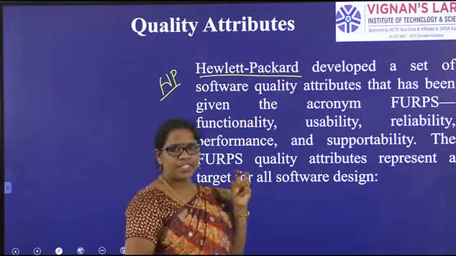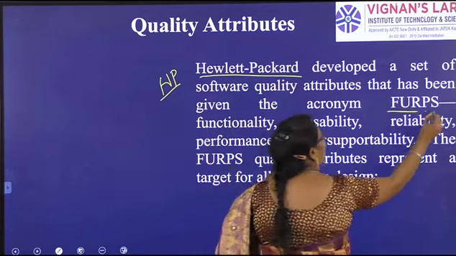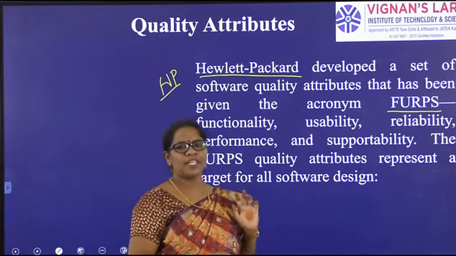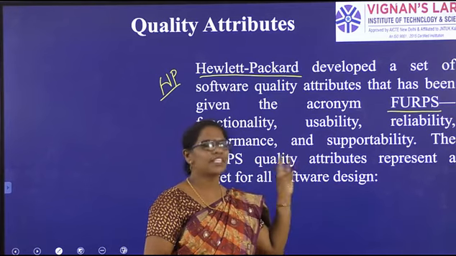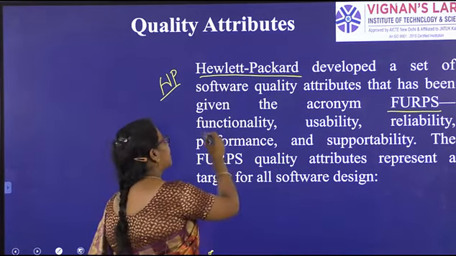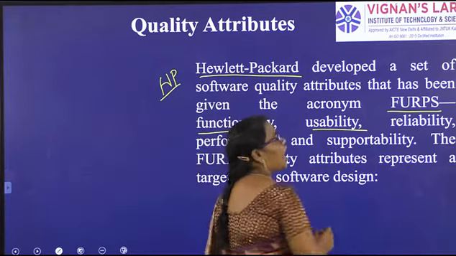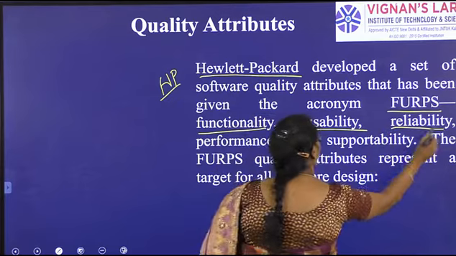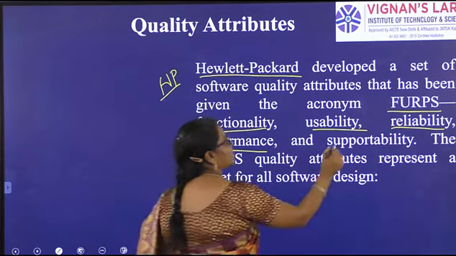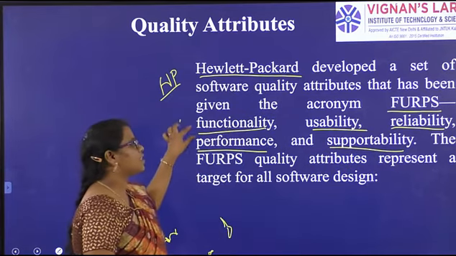With the acronym, that means a shortcut, FURPS. So what is F, U, R, P and S? F is functionality, U is usability, R is reliability, P is performance, and S is supportability.